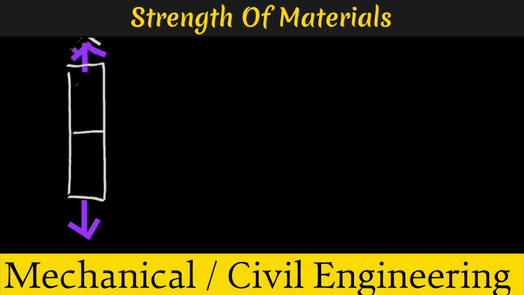If we apply force on this end and on this end, then it will elongate, and an internal resistance will occur in this place. So this is the middle portion of the body. When you pull this body, then the internal resistance will be formed.